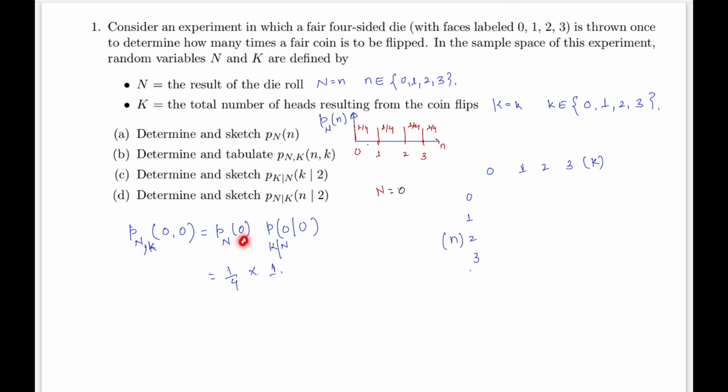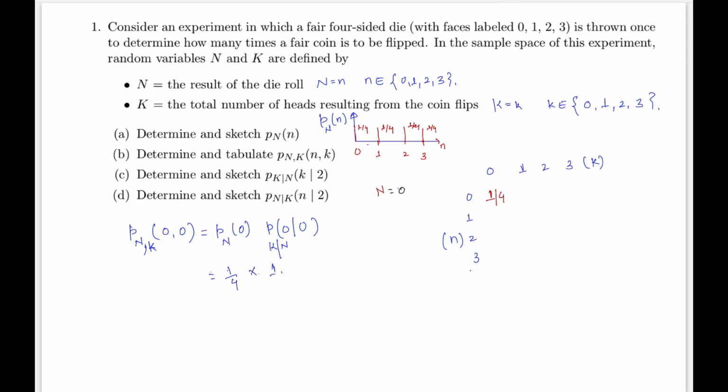Because once we know that n is 0, we are not going to even flip the coin. So there will be no asking, we are very certain that the total number of heads will be 0, so that is why the probability here is 1. So we can now write that the event where random variable n takes the value 0 and k takes the value 0 has probability 1 divided by 4.